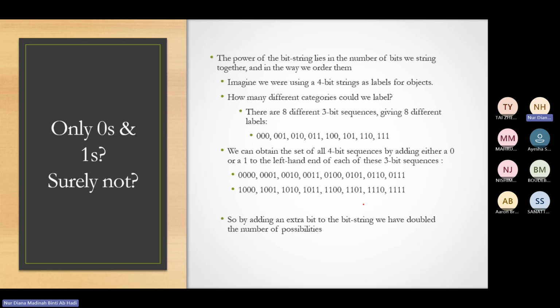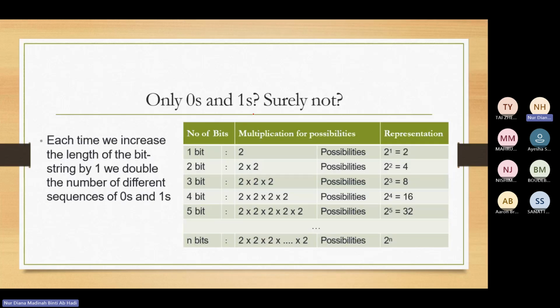So, as they said here, we can obtain the set of all 4-bit sequences by adding either 0 or 1 to the left-hand end of each of these 3-bit sequences. Okay, so when we add this extra bit, we have doubled the number of possibilities.